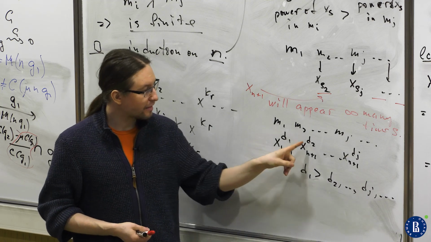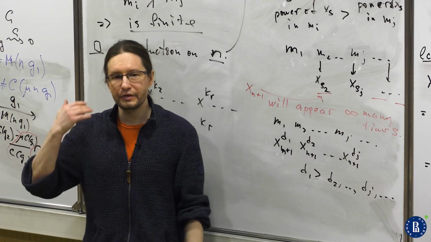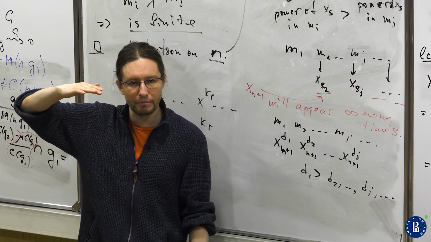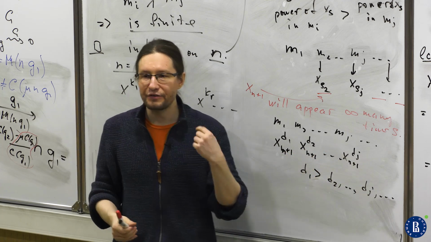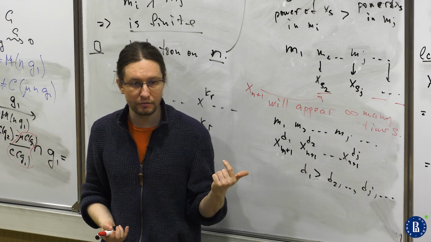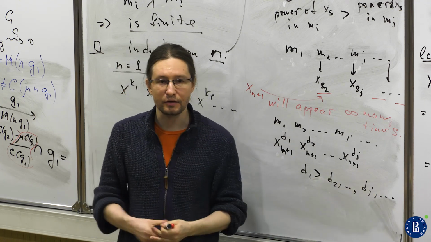But this means that the sequence of the degrees is the sequence of integers which is bounded from above. So this sequence has finitely many values. So that's why there is a subsequence consisting of the same value.